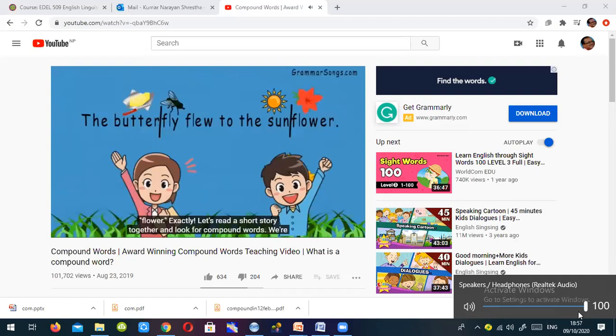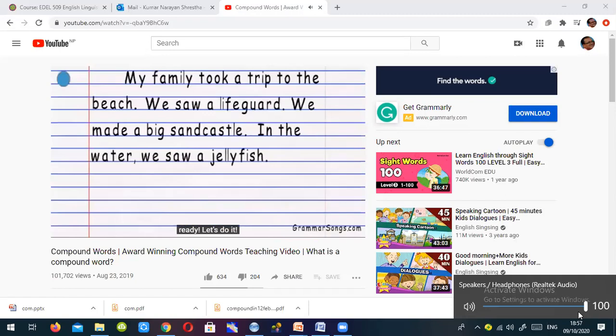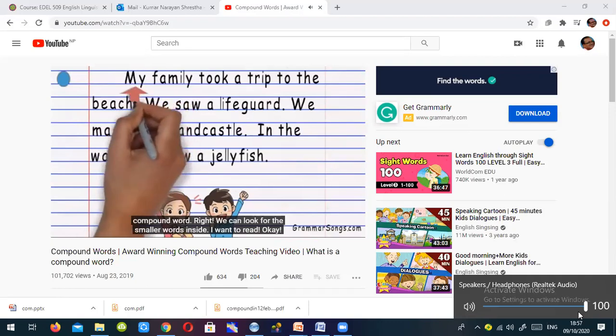Exactly. Let's read a short story together and look for compound words. We're ready. Let's do it. We'll read each word, and if we see a big word, we won't get scared. It may be a compound word. Right, we can look for the smaller words inside. I want to read. Okay.